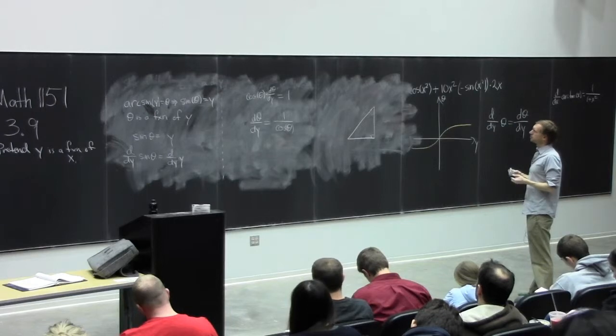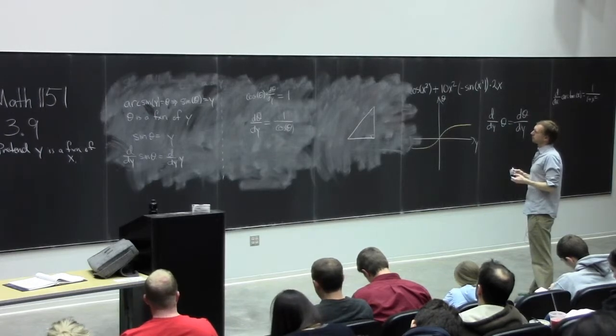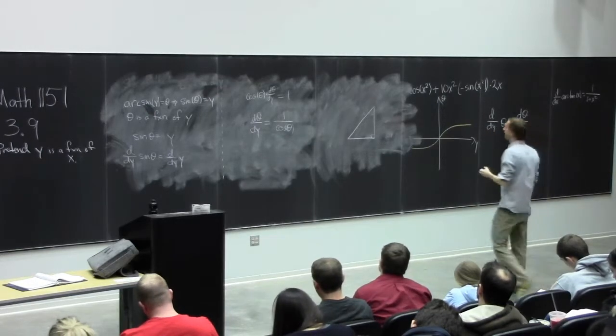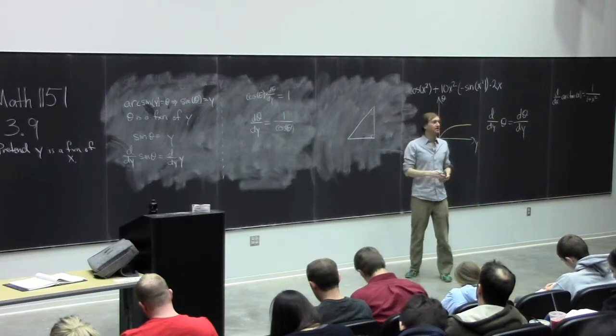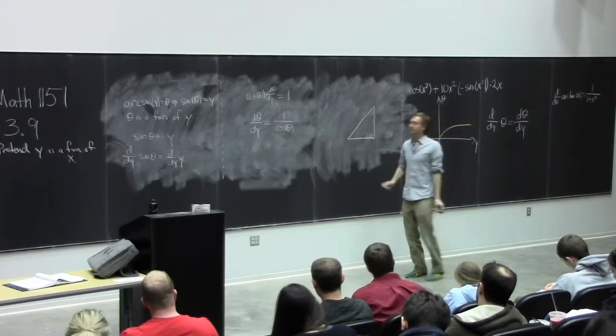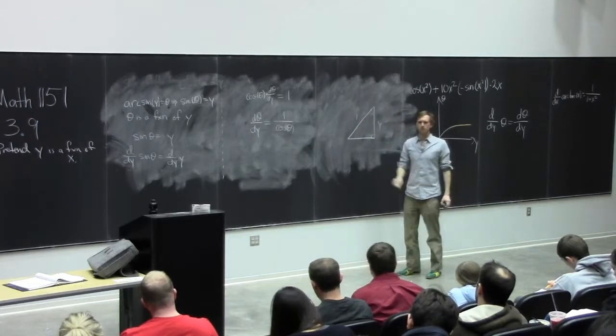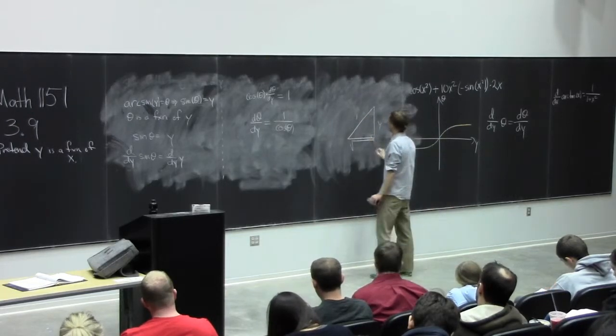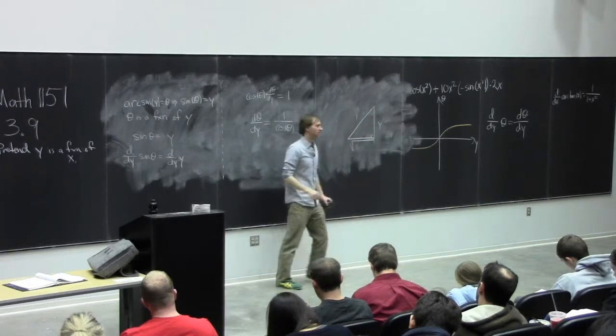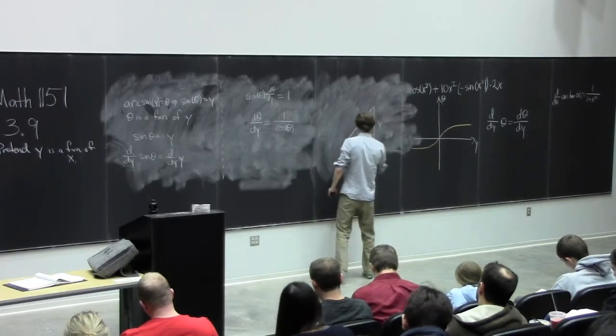I want a triangle, and I want sine theta to be y. Sine is opposite over hypotenuse, right? So I put the y here, the 1 here. What goes here? Square root of 1 minus y squared. Outstanding.